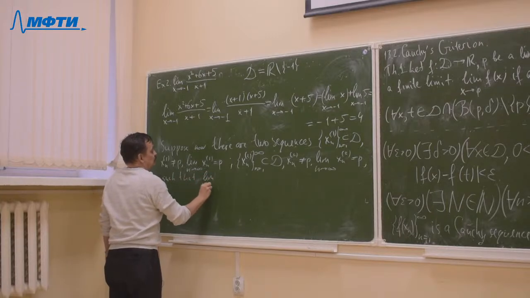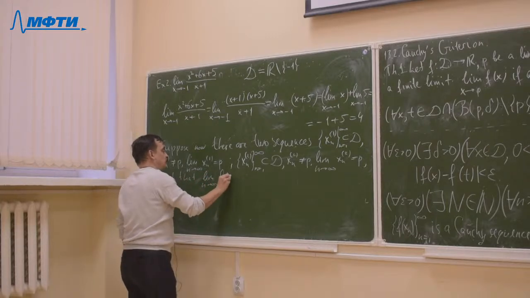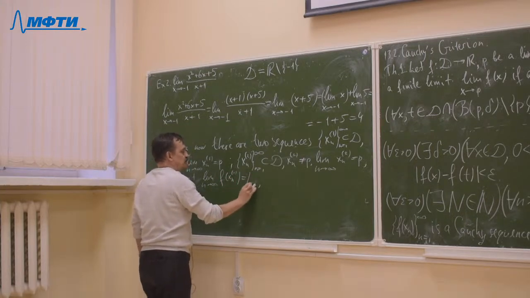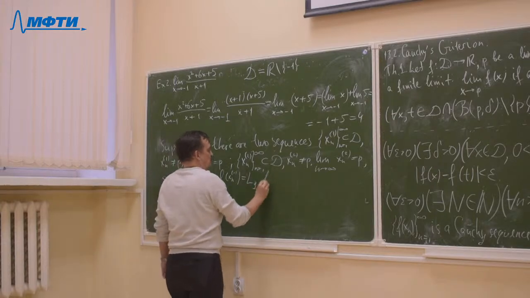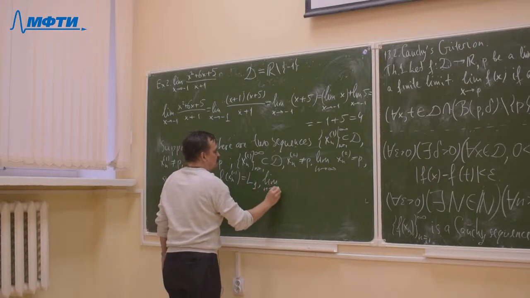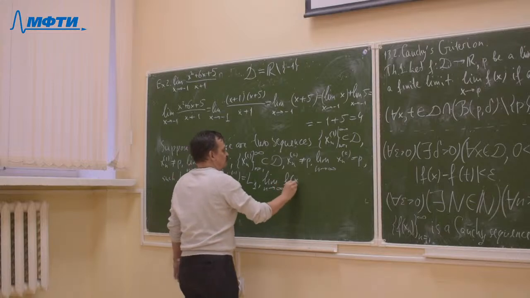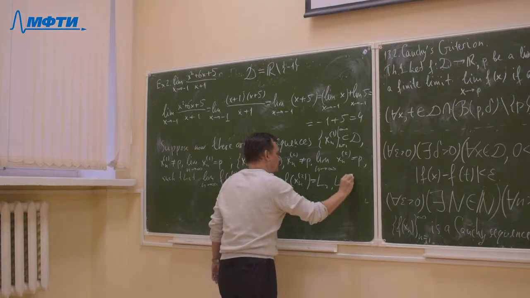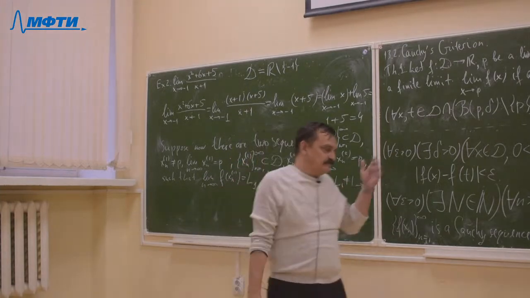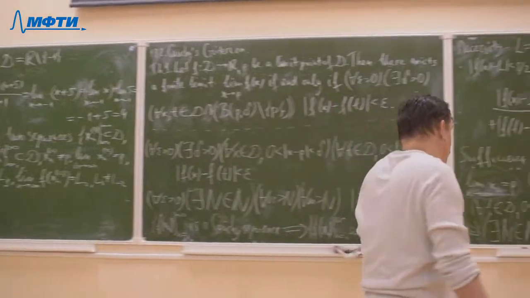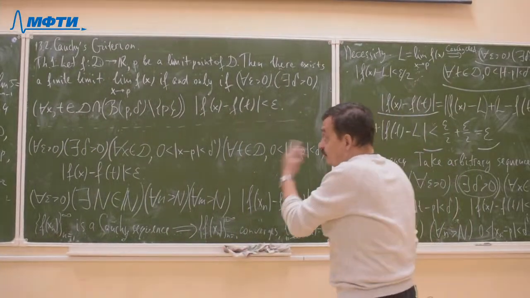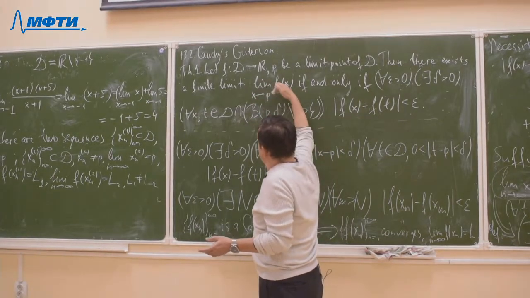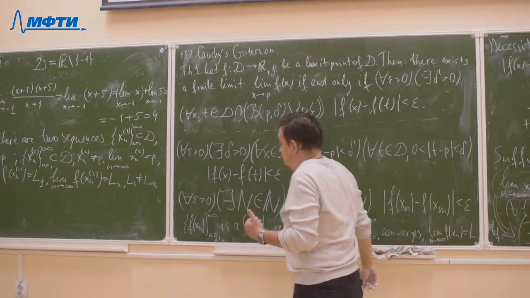such that the limit of f(xn1) is L1, and the limit of f(xn2) is L2, and L1 not equal to L2. So, to finish the proof, what should we have? We should prove that there exists a finite limit, right?